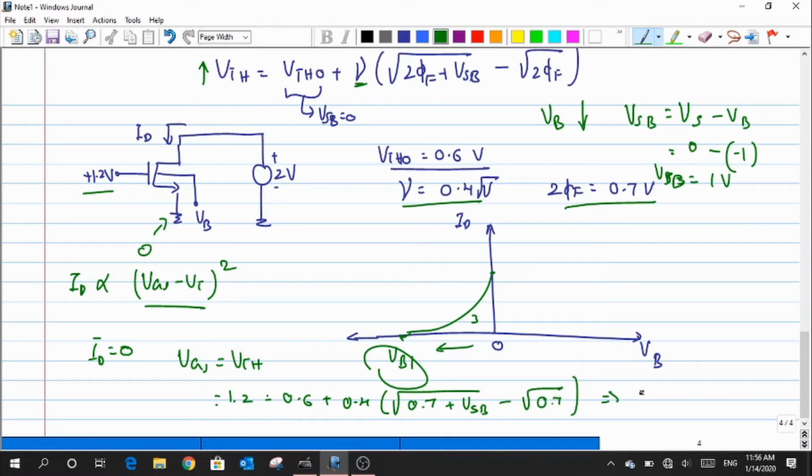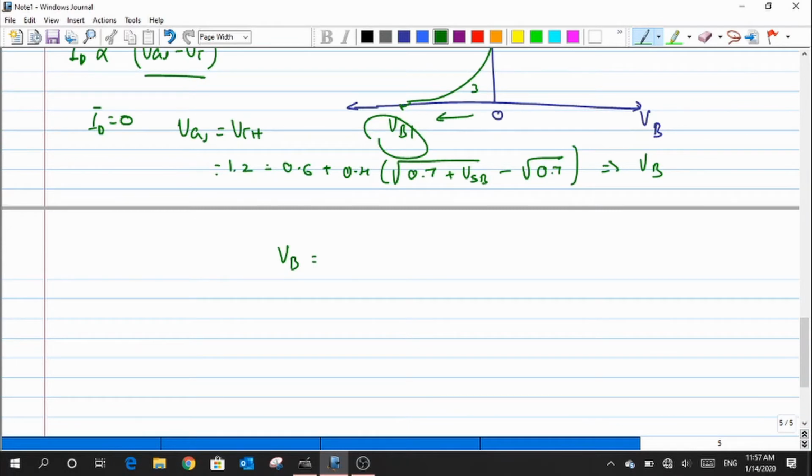I just want to extract the value of VB out of this. If anybody has got the answer, please let me know so that we'll move on to the next one. Yes, it is minus 4.775. That is the value I would get out of this calculation.